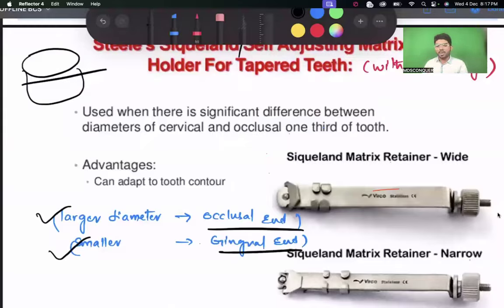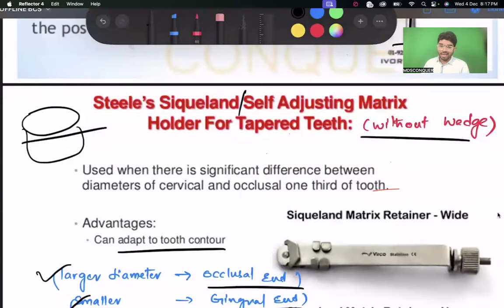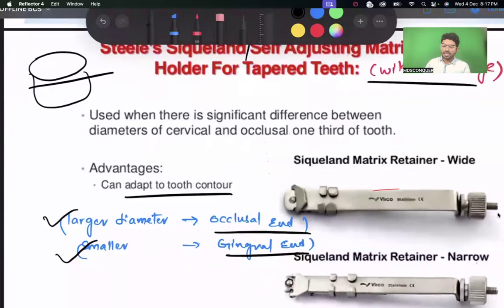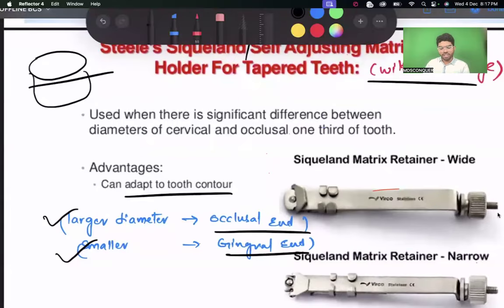It has 2 matrix bands, a larger one and a smaller one that adapts to the tooth contour, and it is used regularly without a wedge. Self-adjusting, so it adjusts by itself and there is no need of a wedge. It is useful for tapered teeth, with 2 different bands, one for the occlusal end and the second for the gingival end.